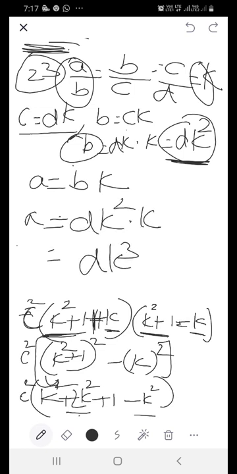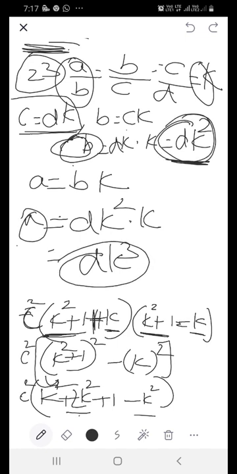So value of C will be DK. Substitute B as DK square and substitute A as DK cube in your proof. So in all the proofs, replace the values of A, B, C with DK cube, DK square and DK. And you will get the proof as I have done the questions, shown the questions to you.